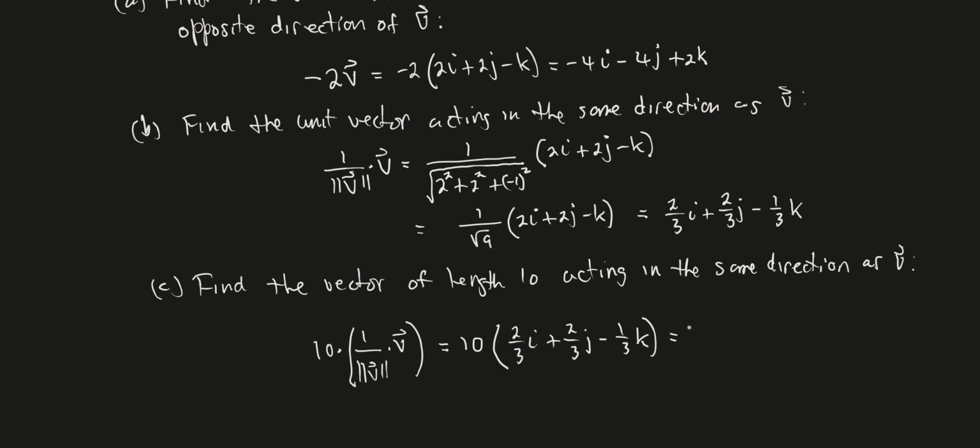And then we end up with 20 over 3 i plus 20 over 3 j minus 10 over 3 k. Again, there's no particular reason why I'm using ijk, just to get more practice using this new notation for our standard unit vectors. And there we go, that's our example.